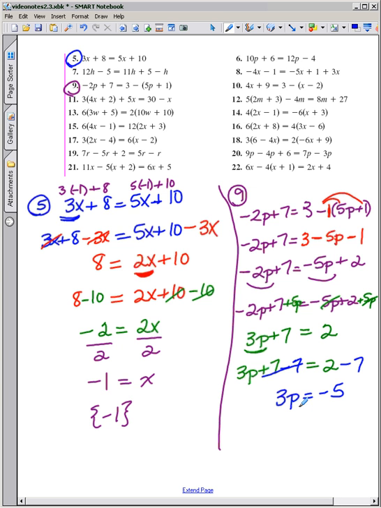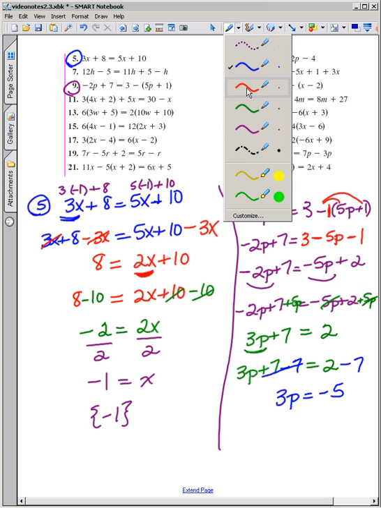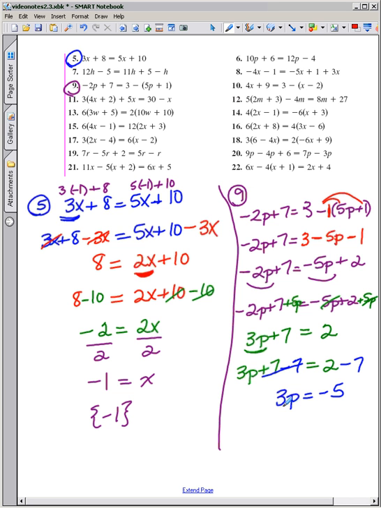Almost solved. We now have to get rid of this 3 as the coefficient of p. So since the 3 is connected by multiplication, we divide both sides. So our solution, therefore, p is equal to negative 5 over 3.